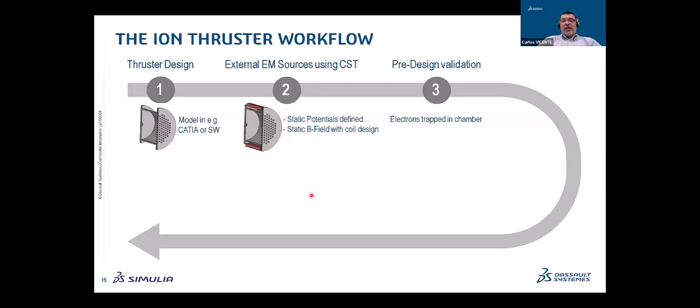Okay, and then you can use a tracking solver to do that in order to validate that in this pre-design, the electrons are trapped in the plasma chamber. Okay, and then you can analyze the ionization, checking that ionization will really take place and that the plasma chamber will work, and we can estimate the current that can be extracted from the chamber. Let me give you a few more details on steps 2 to 4.